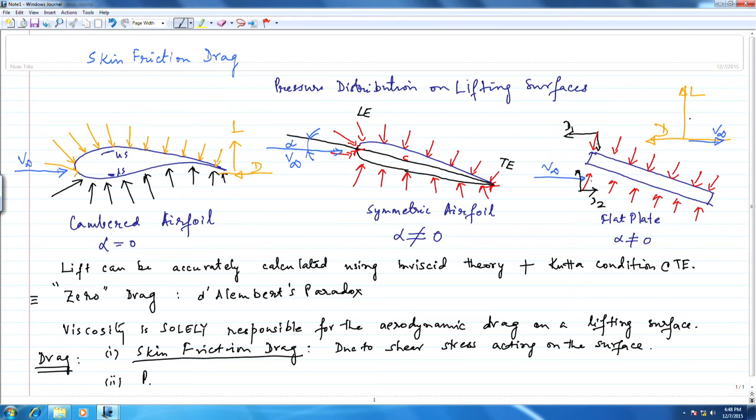The other is pressure drag, also called form drag, and this is due to the pressure created during flow separation.